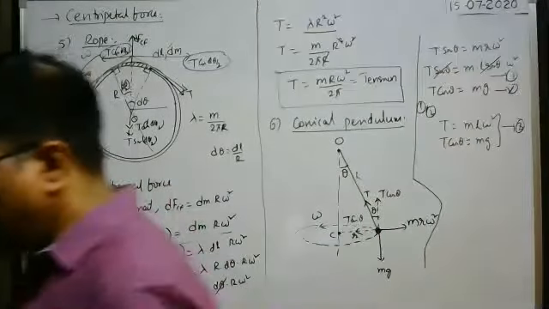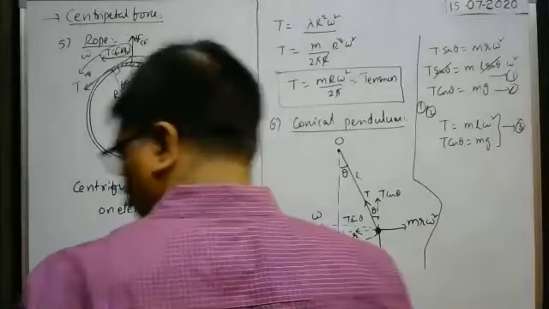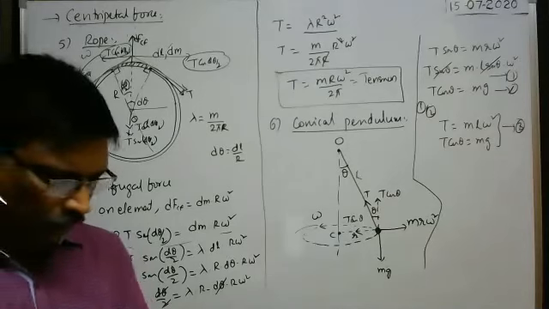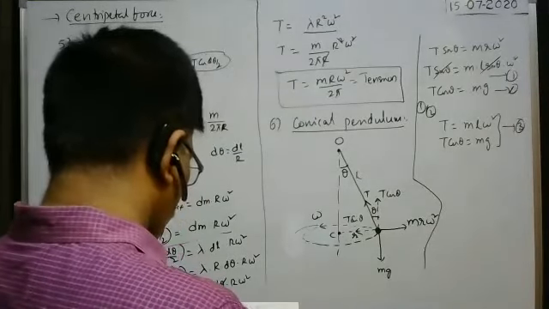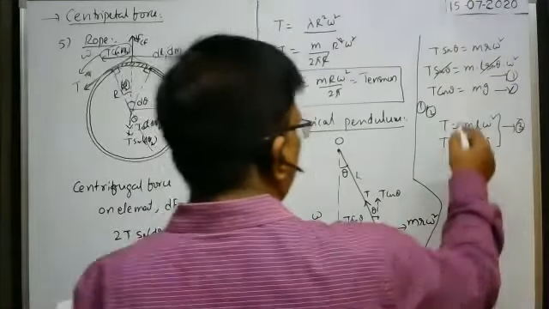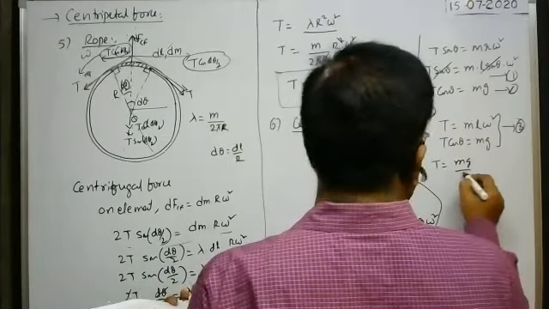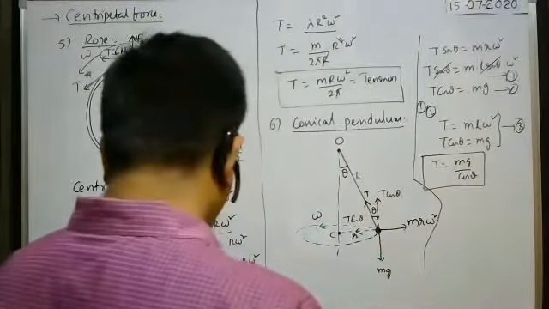From any one of the equations, we can find the tension. So T is equal to mg by cos theta; this is one of the equations to find the tension.